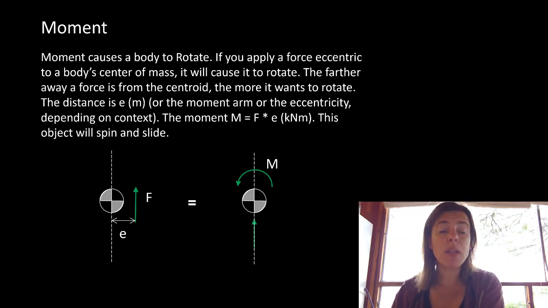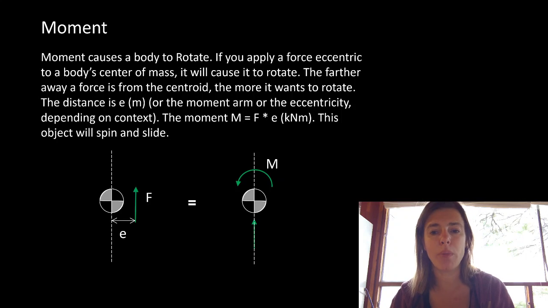So moment is really just a descriptor of that force and its distance. And the way we talk about it is the force times the distance. So the further the thing is away from the centroid, the more moment on it. We talk about our force in kilonewtons or newtons quite often, and we talk about distance in meters when we're talking in metric.